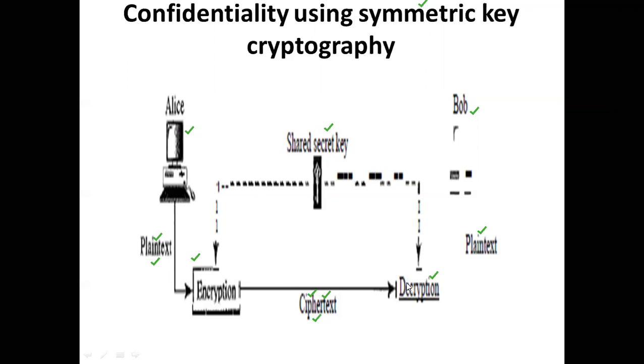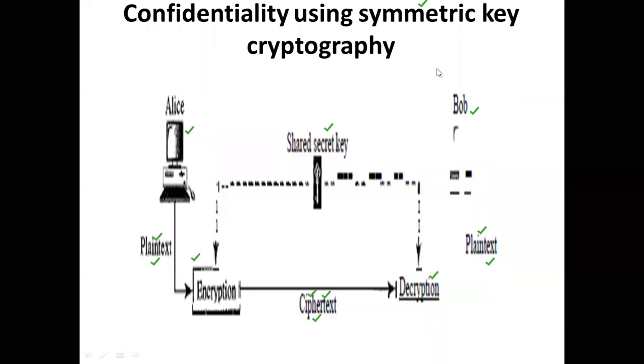Over the channel, over the network, what is sent is ciphertext. At the receiver side, the decryption algorithm and the key are applied to get back the original text, which is called plain text. So on the way, if anybody tries to access that data, they don't have the key. So they will not be able to decrypt the data or fetch it in the original form. This is how we ensure confidentiality.